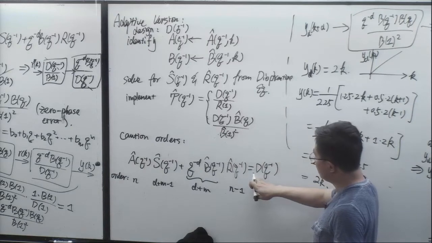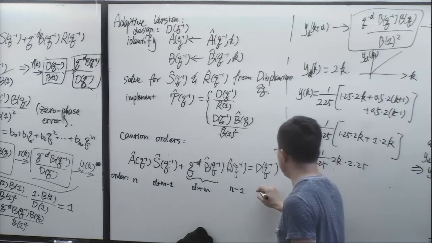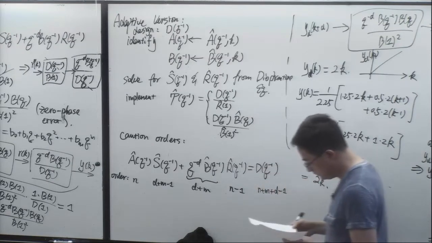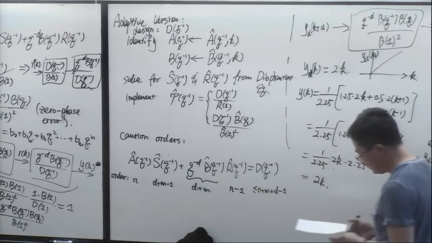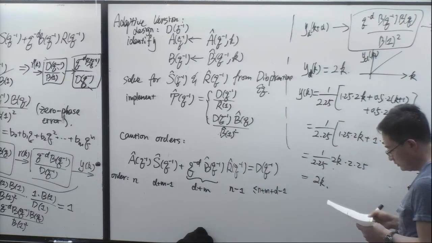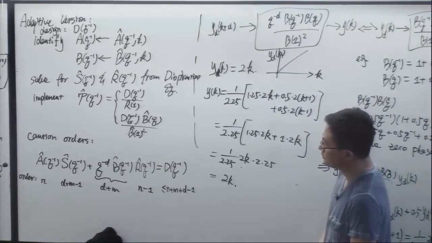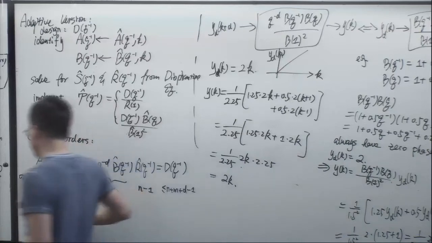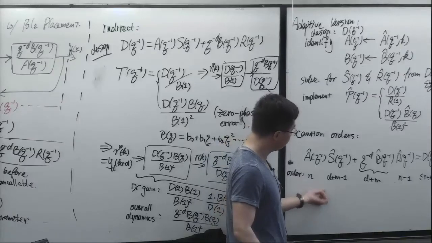And your desired closed-loop polynomial should be n plus m plus D minus 1 at most. Okay? This is the condition for the Diophantine equation to be solvable.